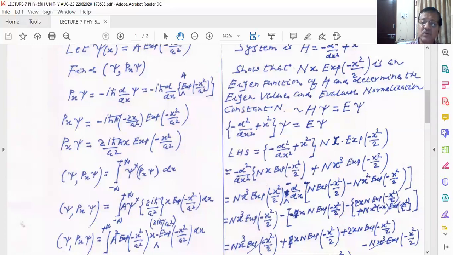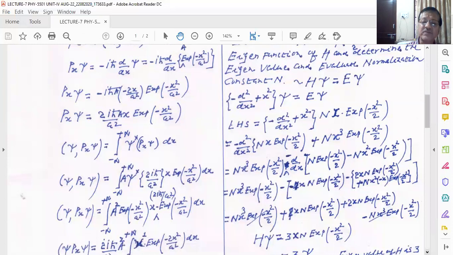So now again you go this way. First of all, I keep the second term as it is. I am taking the second term as the first term because it is an addition. So I can write N x cube exponential of minus x squared by 2, keeping it as it is.